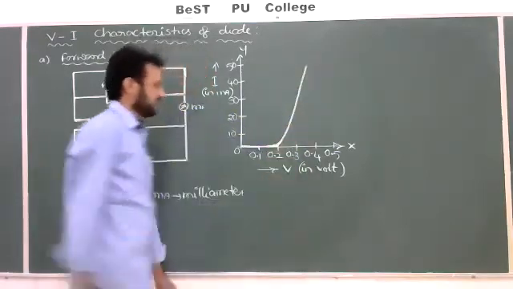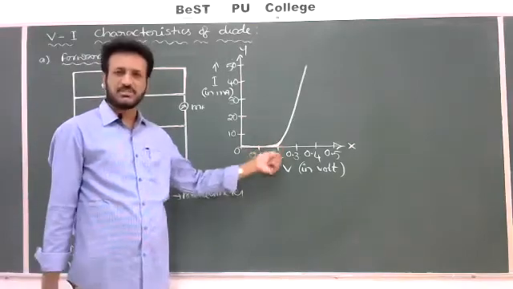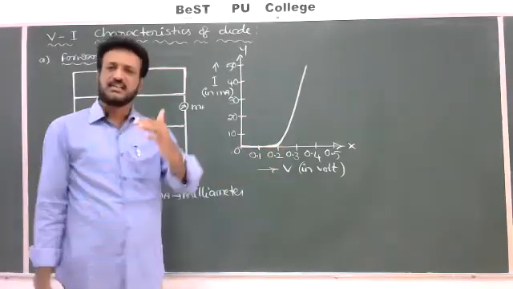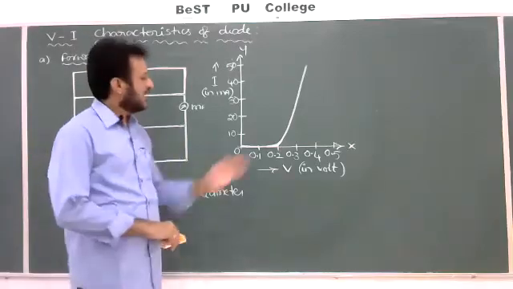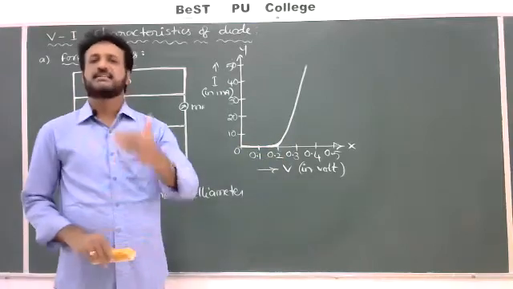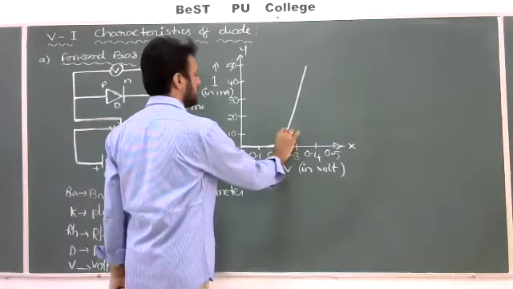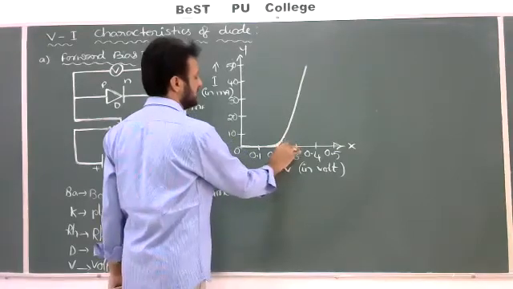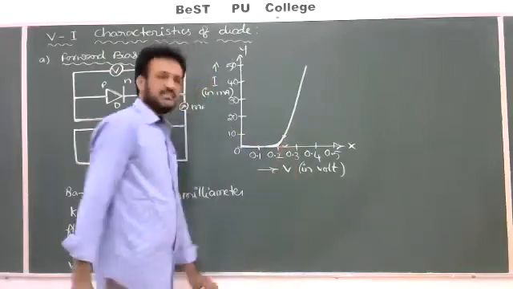So check the graph. First, whatever the voltage, there is almost no flow of current, so that is less than the potential barrier. Above the barrier potential, or exactly at the barrier potential, the current just begins. So the minimum voltage at which the current begins is nothing but knee voltage, cut-in voltage, or threshold voltage.